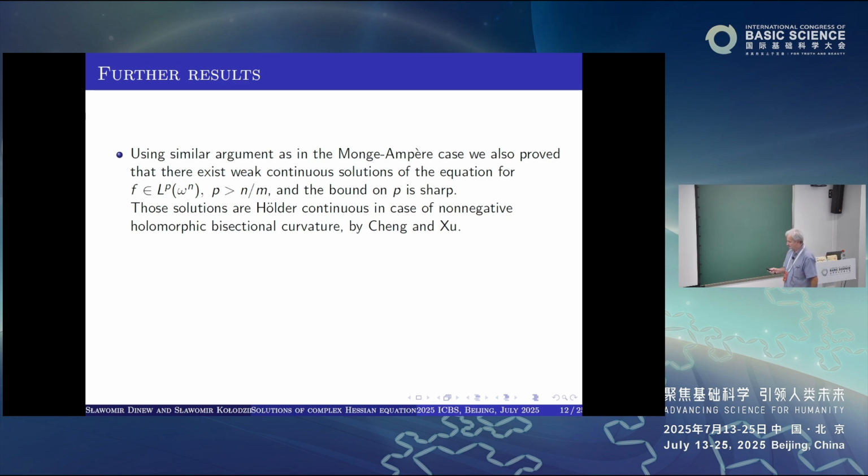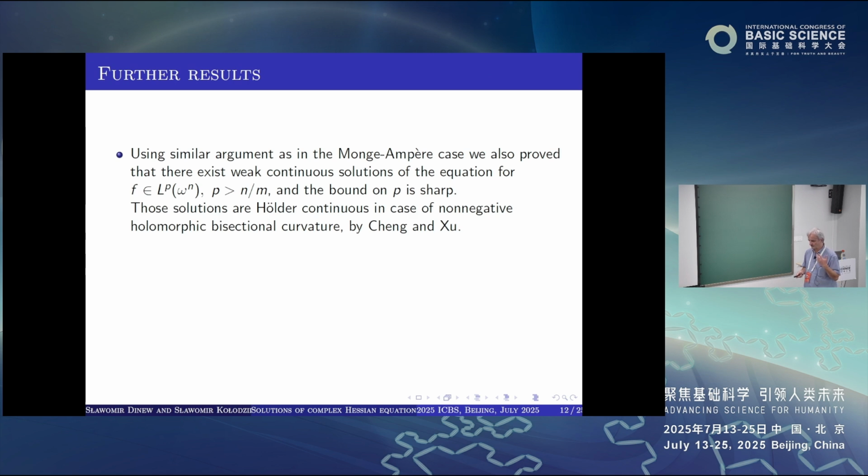In the Monge-Ampère case, we also have Hölder continuity for these LP right-hand sides. Here, in general, we do not know. Again, if you have non-negative holomorphic bisectional curvature, then you can follow the method for the Monge-Ampère equation and get Hölder continuity. In general, it's open.